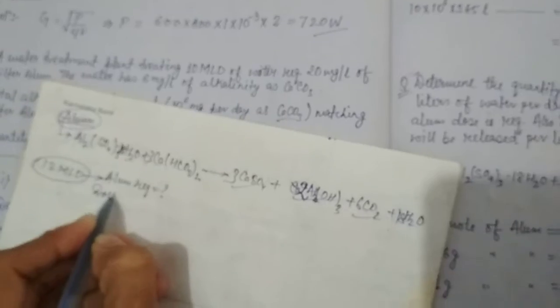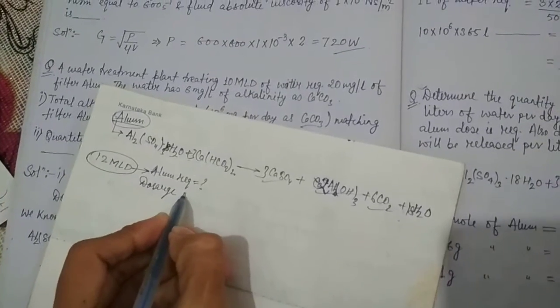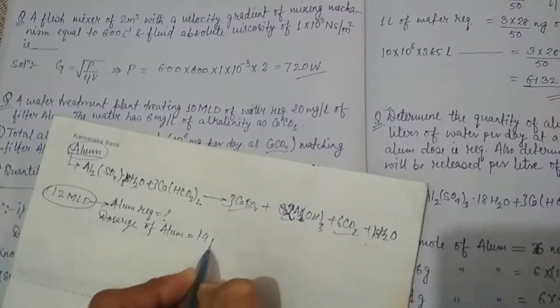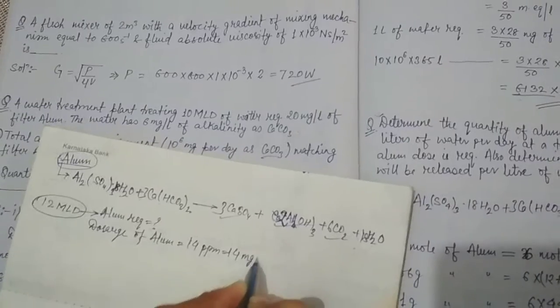The first part says that we have a total of 12 million liters per day of water, and it is asking how much alum is required. The alum dose is also given: dose of alum is equal to 14 ppm. ppm is nothing but milligram per liter.